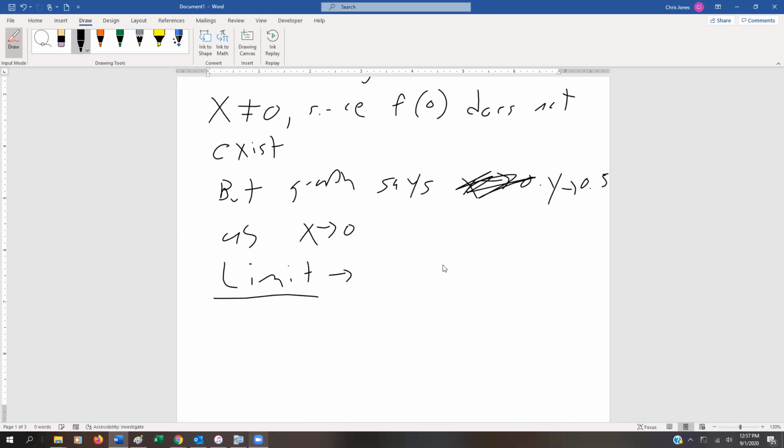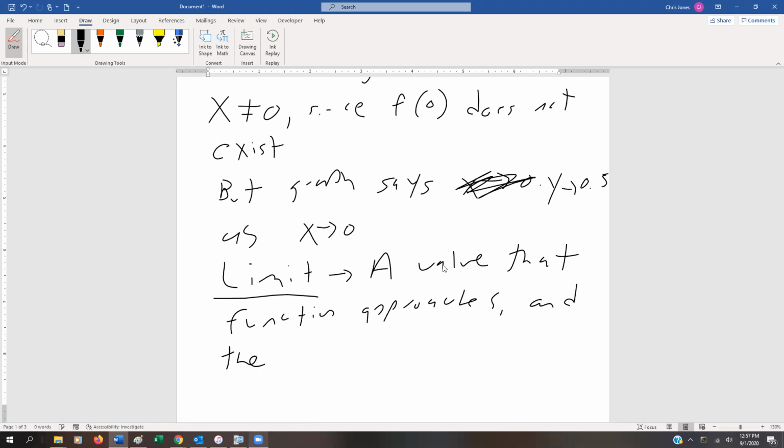A limit is a value that a function approaches but may not be in the domain of the function. So it is a value that a function approaches, and the value of x may or may not be in the domain of the function.